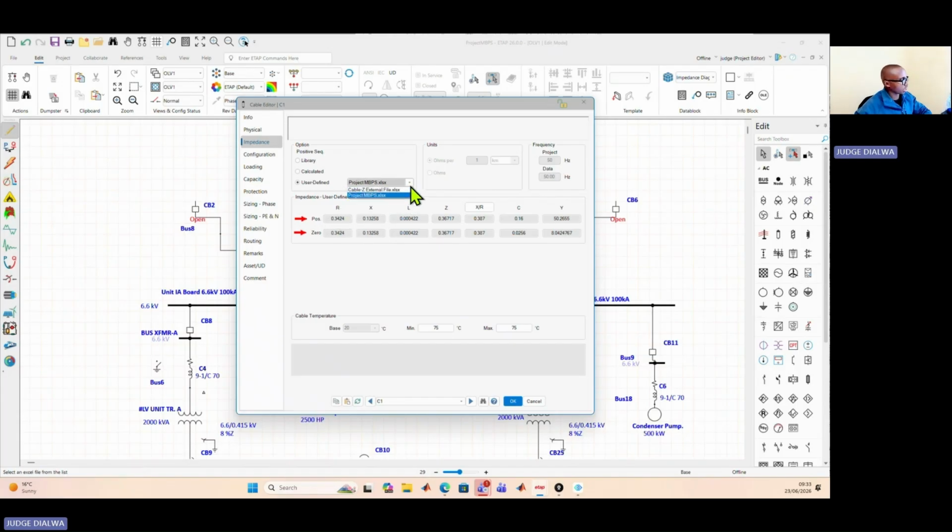There's the default one that comes with ETAP, the cable Z external file. So I edited that, modified it, and created my own Excel sheet. I think I might be able to show you what that looks like in just a second.